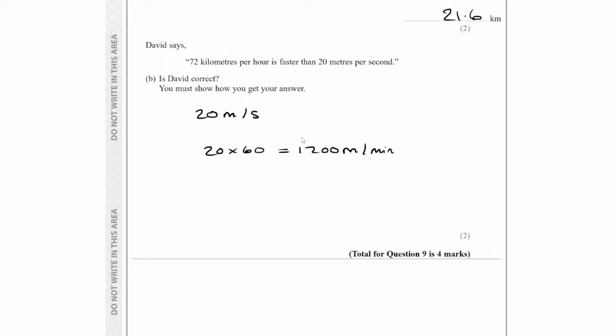I just broke it down. You don't have to break it down this much if you don't want to. Then I went, how many meters is that in an hour? Times 60 again. So you get 72 plus 3 zeros. That's meters per hour. Then I converted it into kilometers by dividing by 1,000.